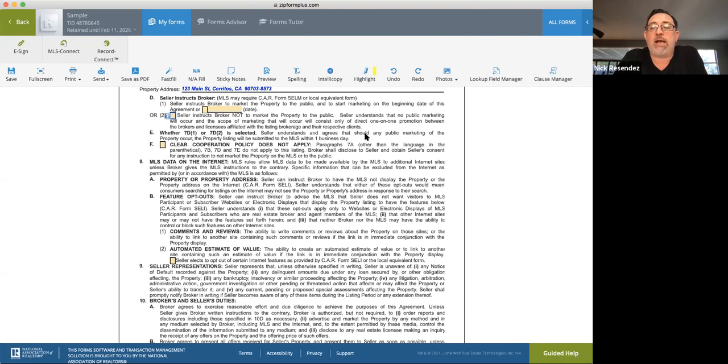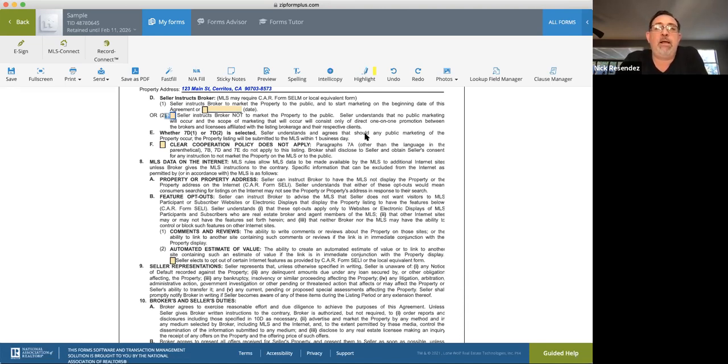So there's 2 rules that kind of overlap each other. One has to do with public marketing, boom, 1 day MLS. The other has to do with anytime you take a listing, 48 hours, it must go in the MLS or it must be excluded. And excluded means actually entering it as a registered listing in the MLS.